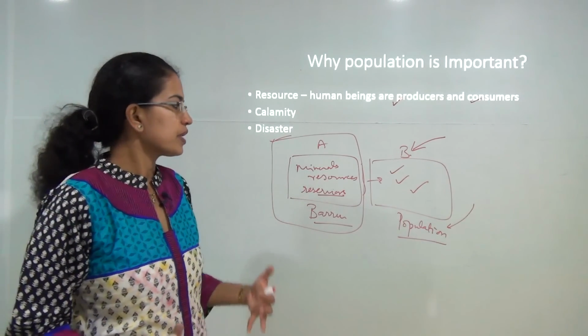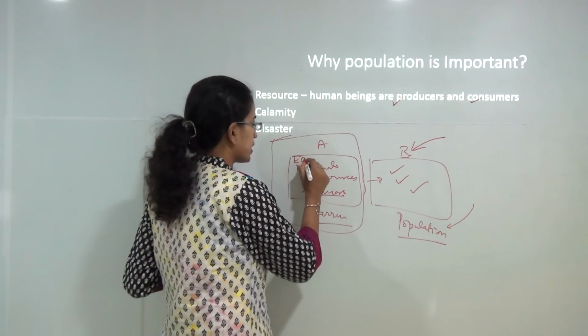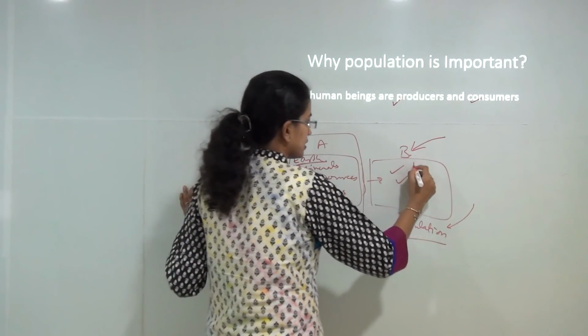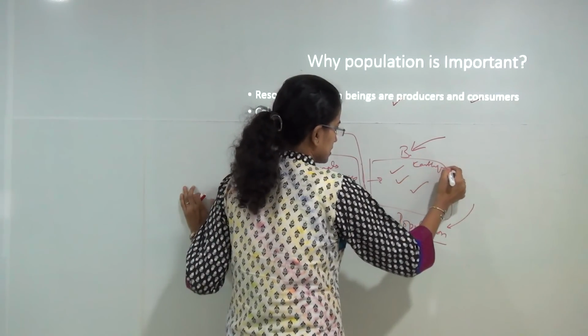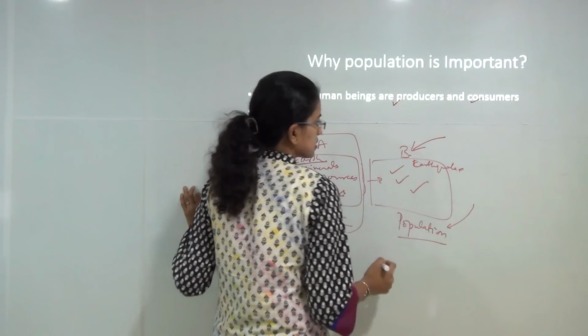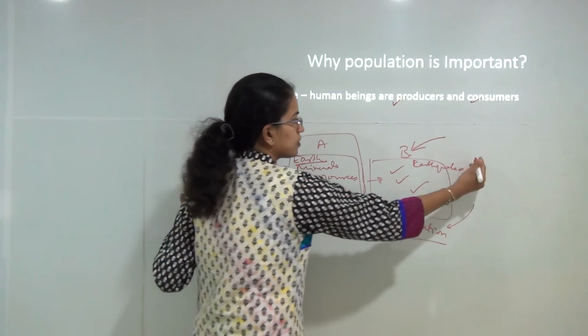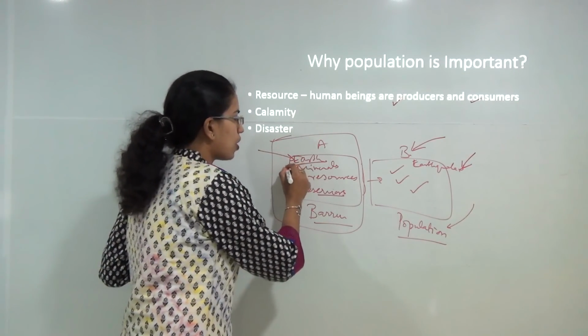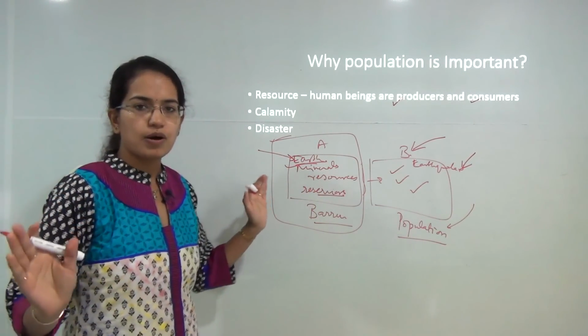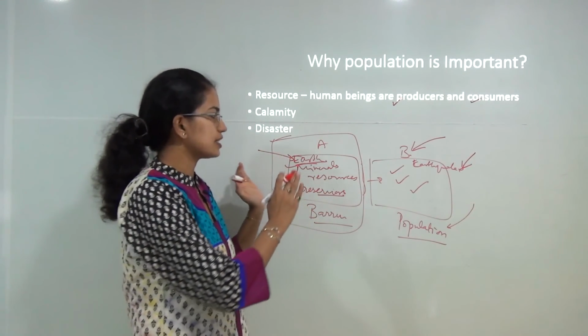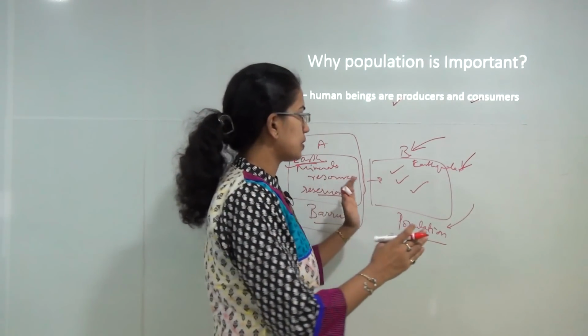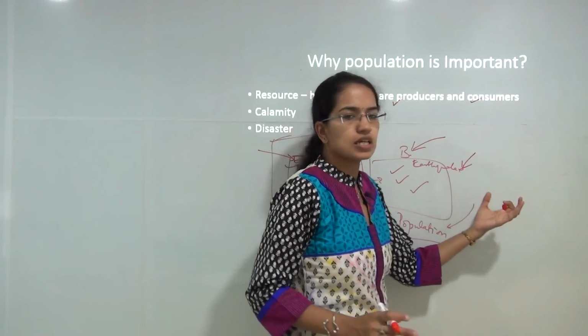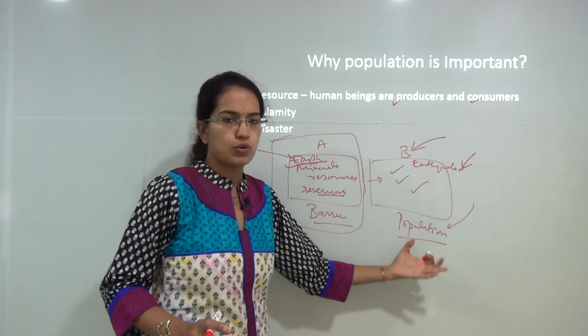Now let's say an earthquake occurs at this place and an earthquake occurs at this place. What would be the difference? The calamity here would definitely make a significant difference, but this might not make a certain amount of difference at a land section of A in comparison to land parcel of B because you have human beings who are affected.